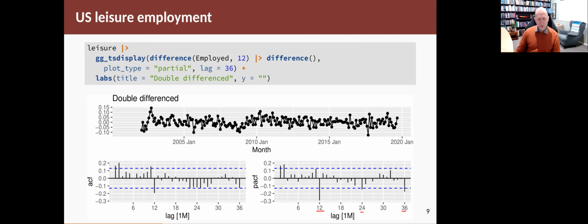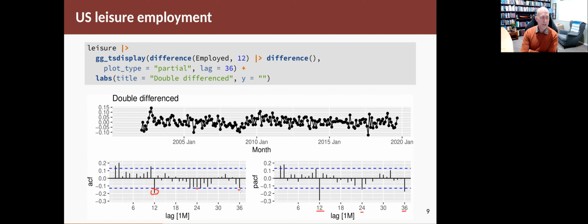All 3 of them are significant on the PACF side, so it's not easy to pick a seasonal AR model there. On the ACF side, you've got 1 significant spike here at lag 12. That one's just not significant. That one's just not significant. So possibly you'd pick a seasonal MA1 as part of the model.